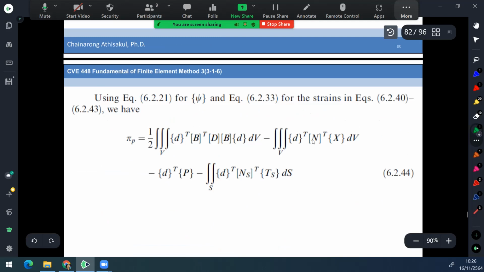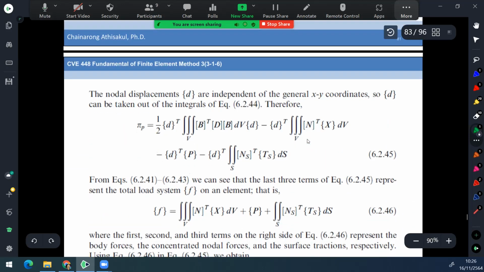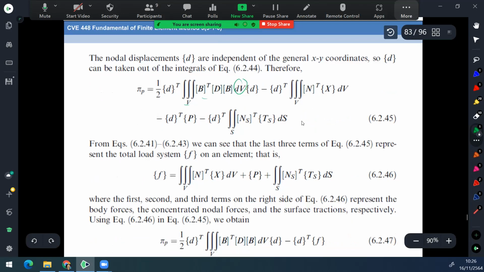After we derive each term and substitute each term in terms of the finite element like this, after that we take the first derivative. We rearrange this term. You see that it is indicated by volume, right? But if we consider the thickness to be uniform, it will reduce from the integral over volume to the integral over area instead.